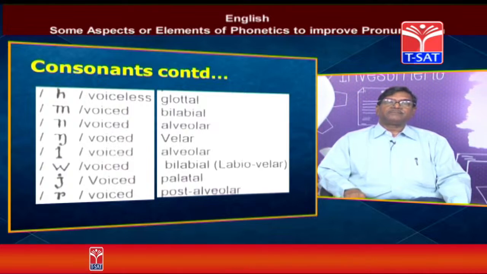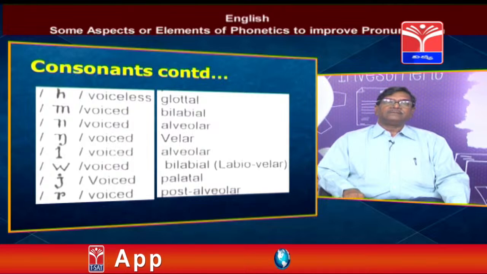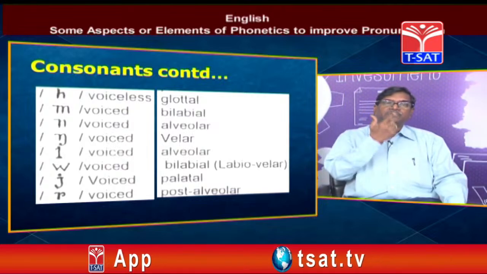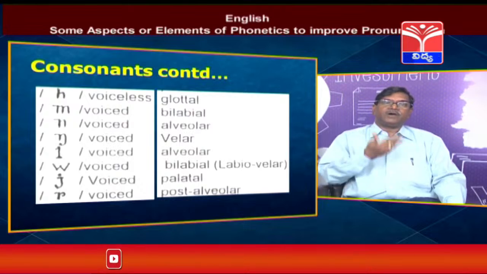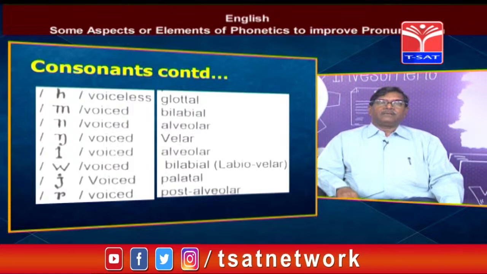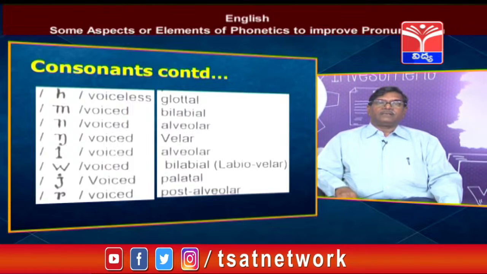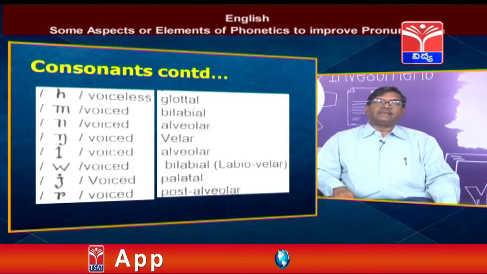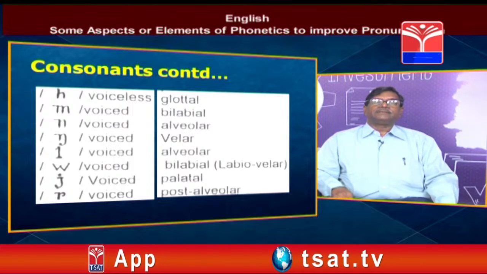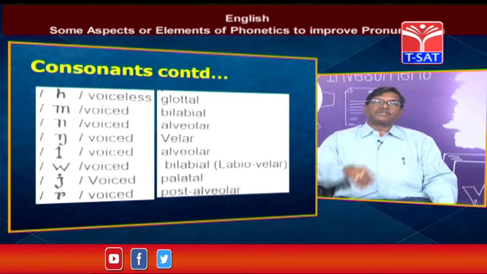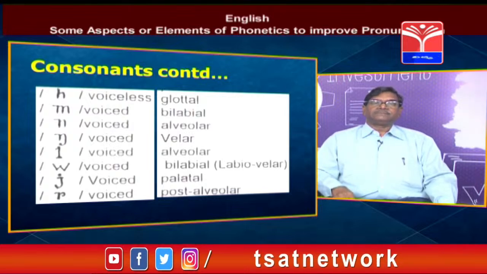In Telugu we say them as anunasika, mukuto palukutaru, that is, the air comes out through the nostrils instead of the mouth. Wherever we have ng spelling, like king, finger, the sound is ng.